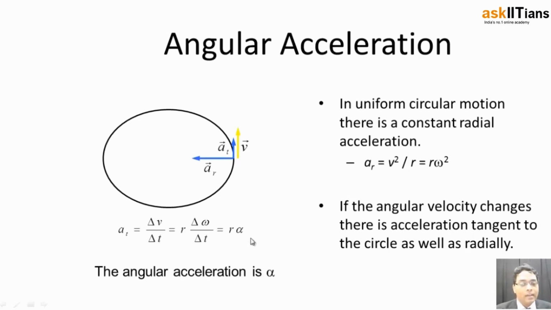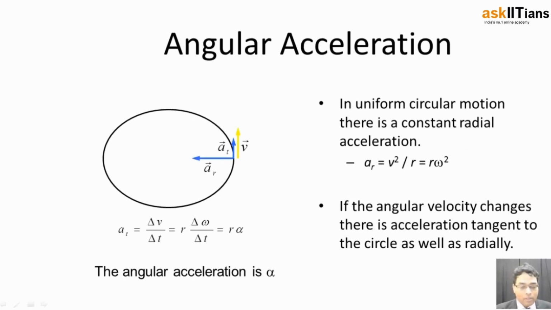That can be written as r times alpha, where alpha is your angular acceleration, whereas the radial acceleration acts towards the center. In uniform circular motion, there is a constant radial acceleration which is always going to be directed towards the center, given by v squared by r. Mind you, constant radial acceleration means the magnitude is constant, not the direction.